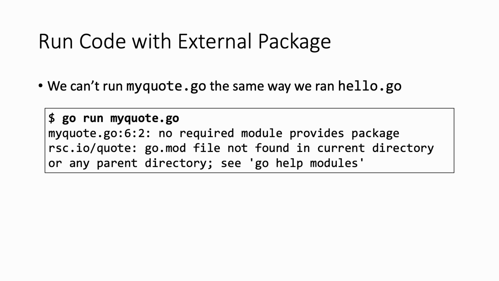In particular, if you type go run mycode.go after moving to the directory containing this program, you will see the message saying mycode.go: no required module provides package rsc.io/code; go.mod file not found in current directory or any parent directory. It says Go has modules.